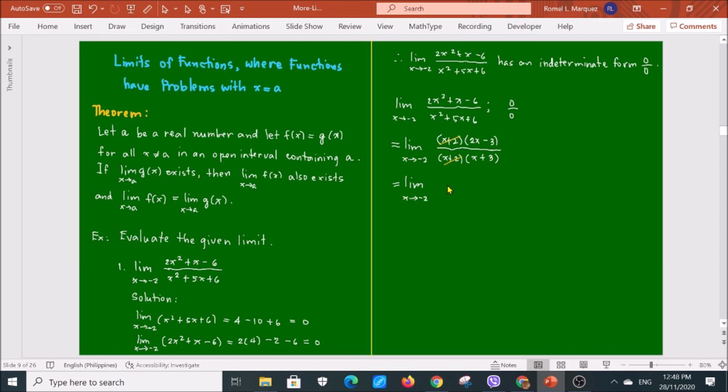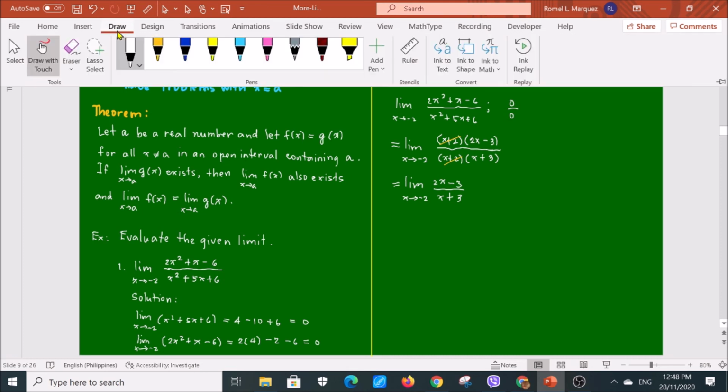So I now get 2x minus 3 all over x plus 3. This is a function equivalent to the original function, but with the condition that x is not equal to negative 2.